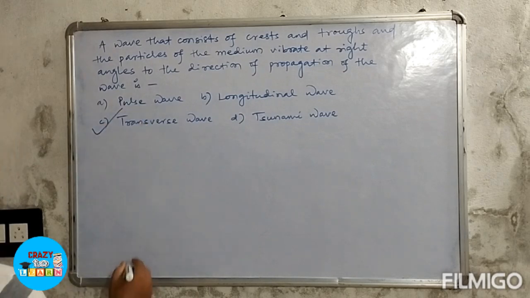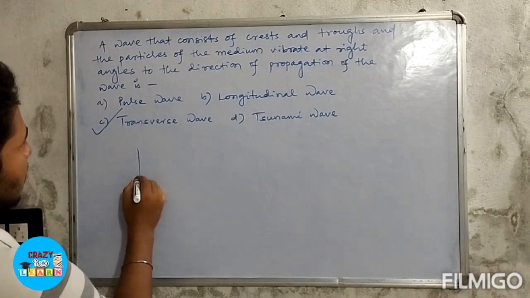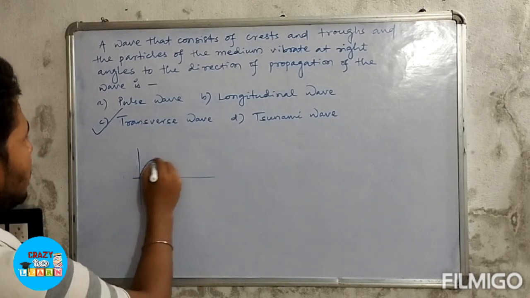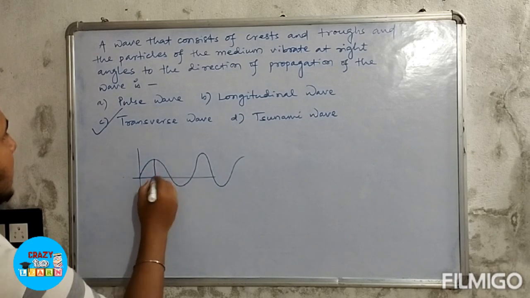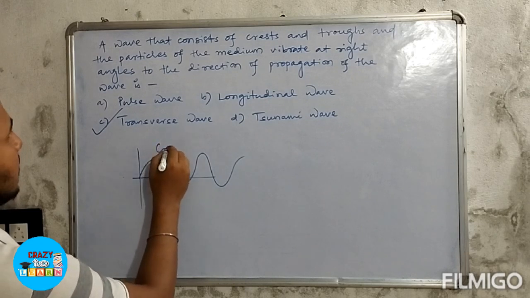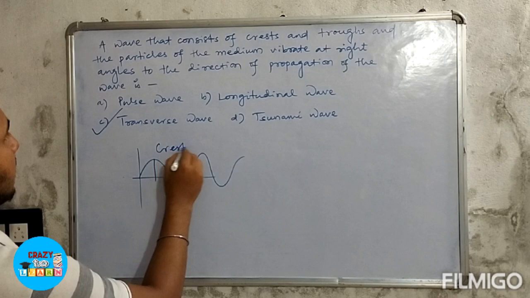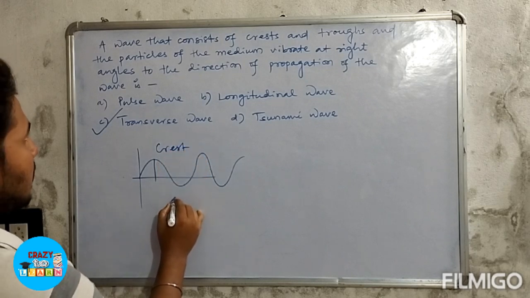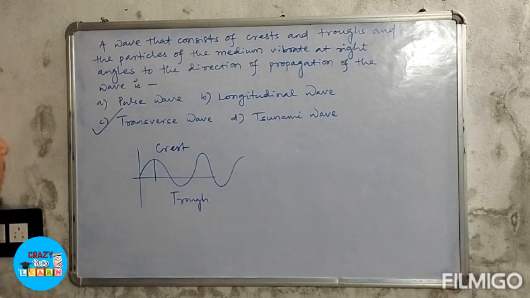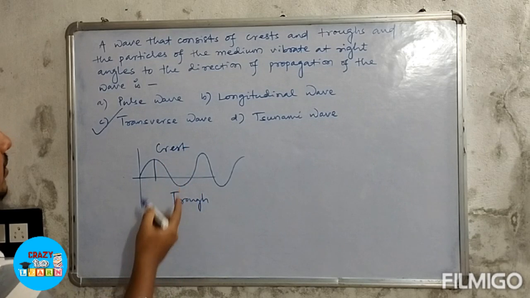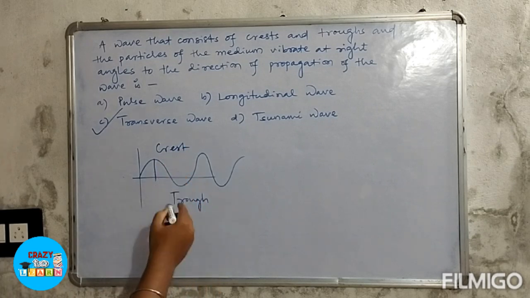Transverse wave is the correct answer, because if you draw the wave line, you will get something like this. These are called crests, and these are called troughs. Here the particles vibrate at a right angle to the direction of propagation.